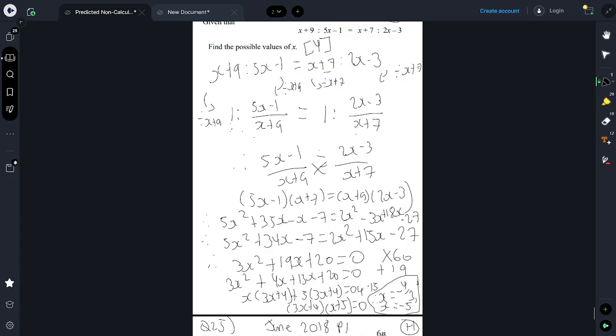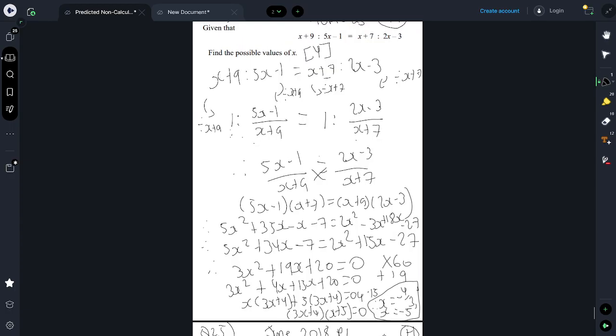Hopefully you're happy with that. Once you know how to solve algebraic fractions like this, it might be a bit grindy, a bit of work, but you shouldn't be too fazed by this, right?